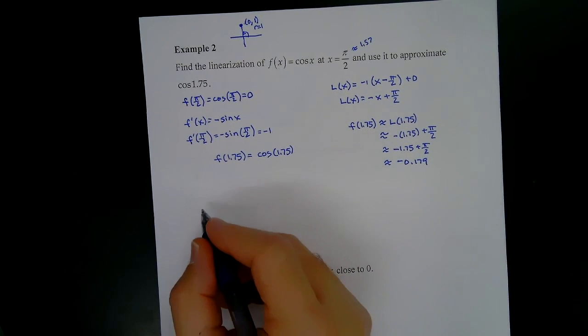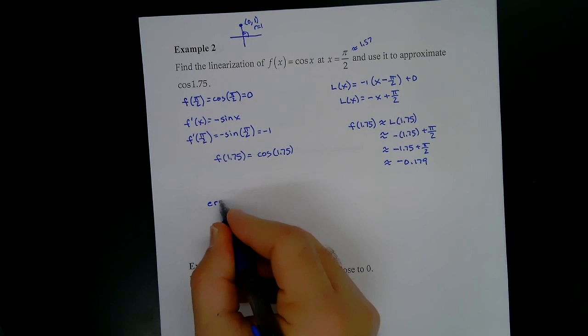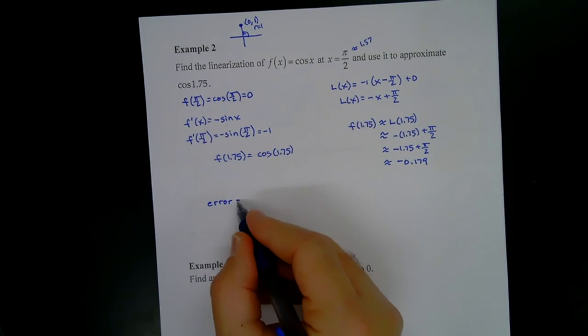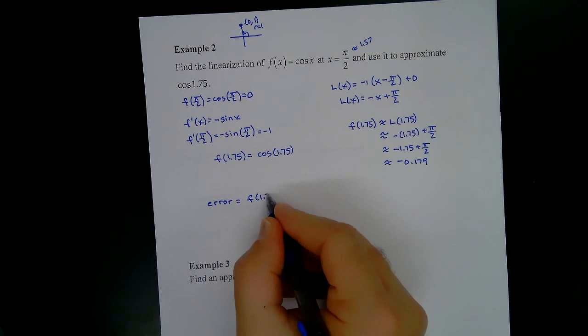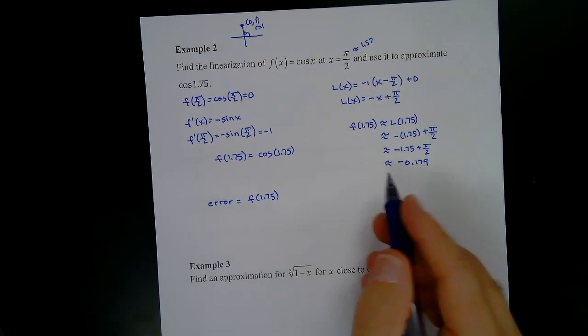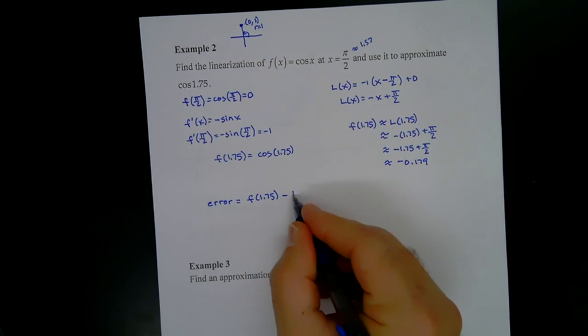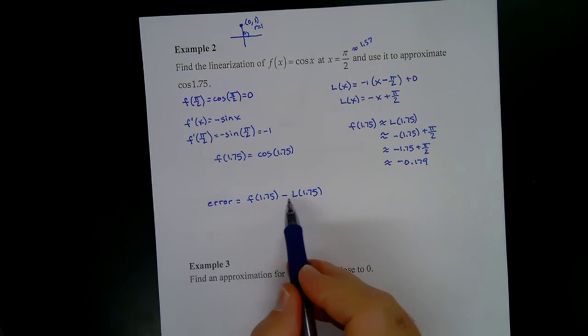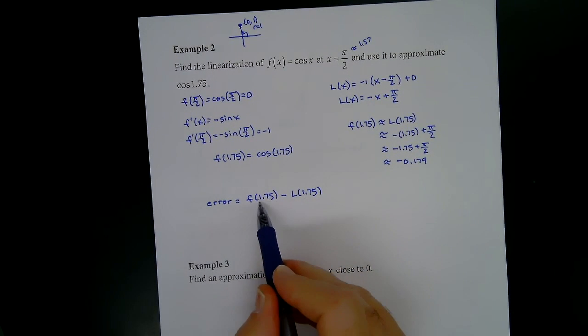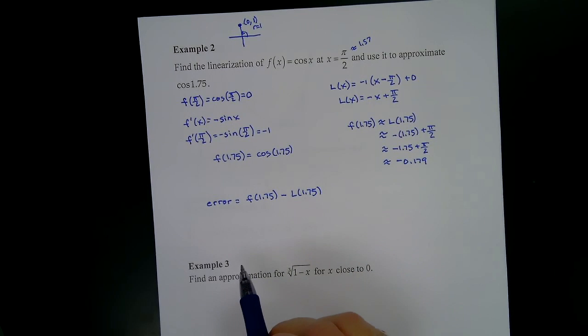Now, let's find the error. So the error is the difference between the actual value, f of 1.75, and my approximation, minus L of 1.75. If this comes out to be positive, this one's bigger, and then L of x will be an underestimate.